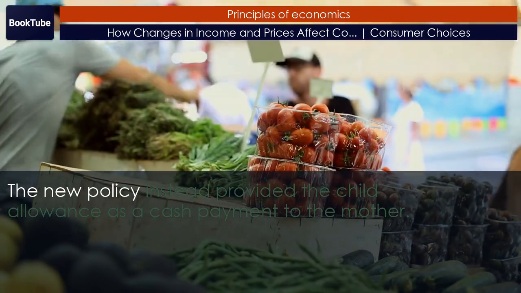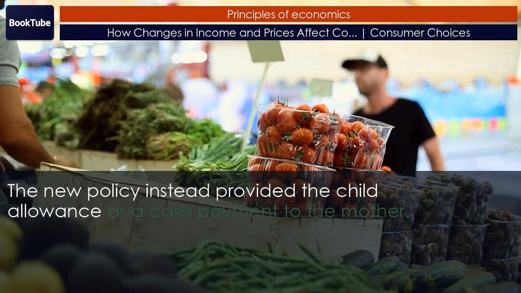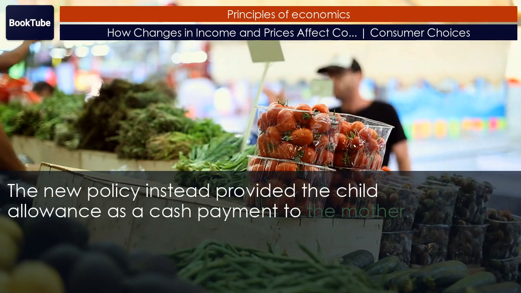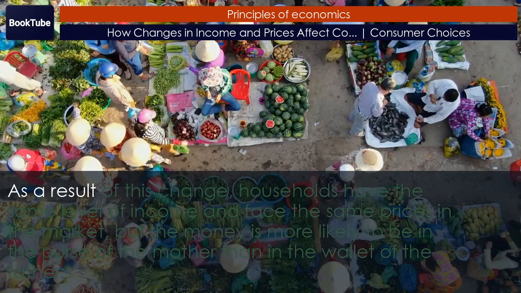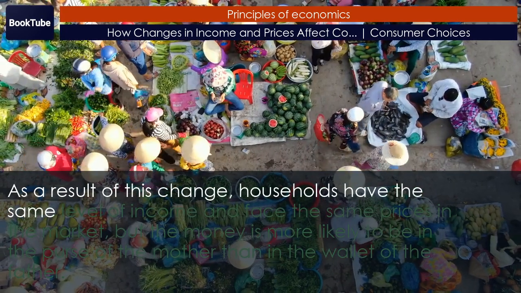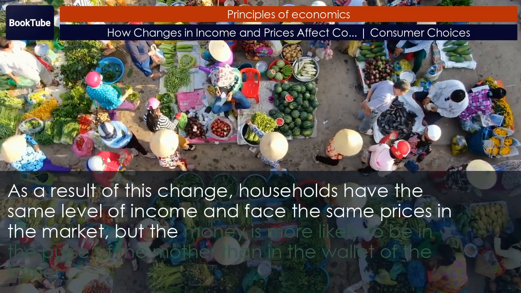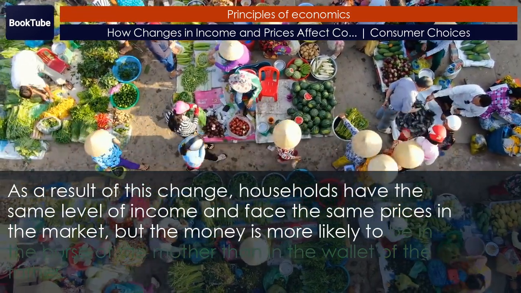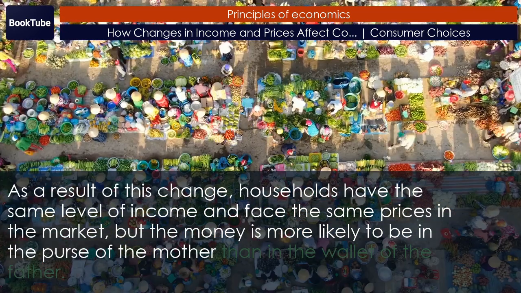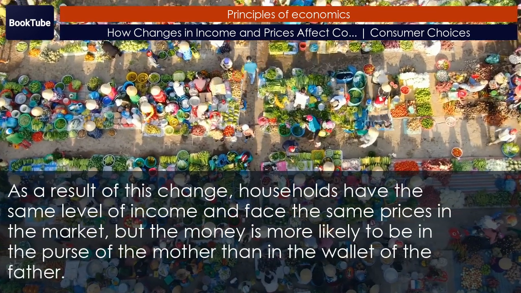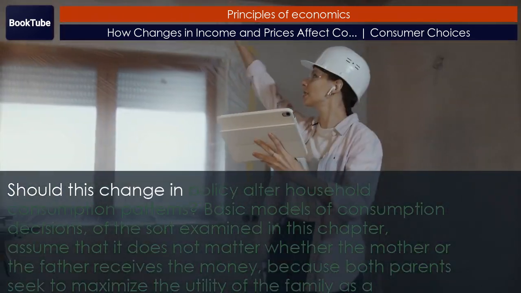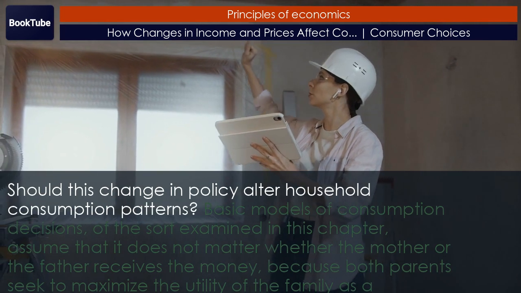The new policy instead provided the child allowance as a cash payment to the mother. As a result of this change, households have the same level of income and face the same prices in the market. But the money is more likely to be in the purse of the mother than in the wallet of the father. Should this change in policy alter household consumption patterns?